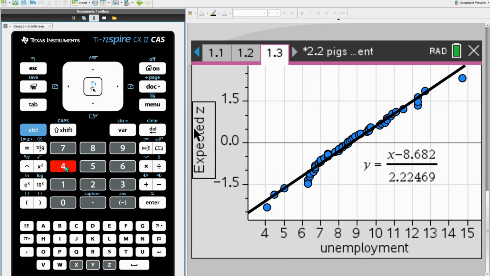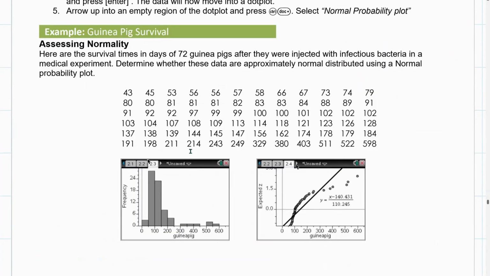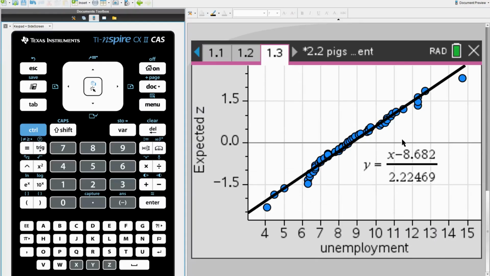In the lecture notes, they have an example to work on where we have 72 guinea pigs, how long they lasted after being infected by a bacteria. We got all this data, and we want to know whether this data is approximately normal. So let's take a look at that.